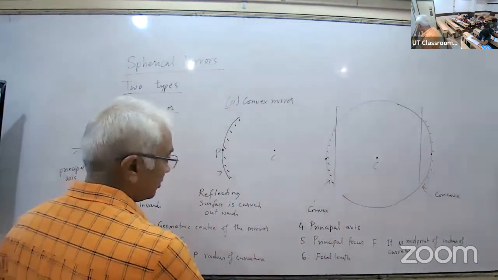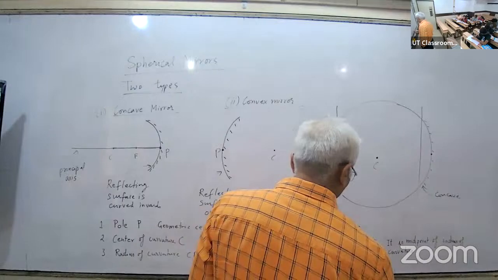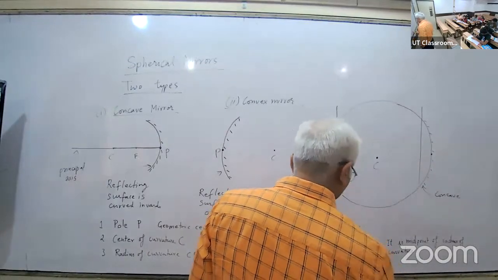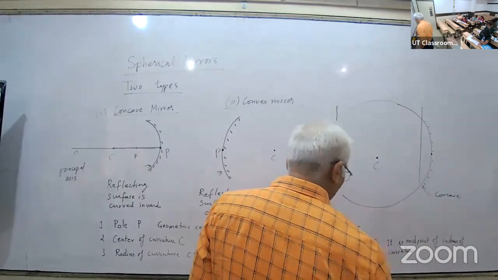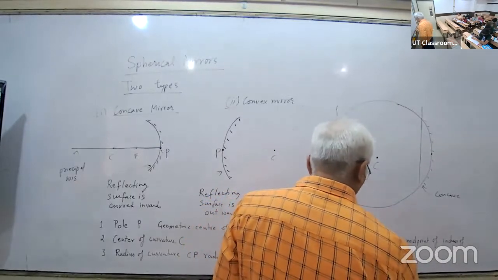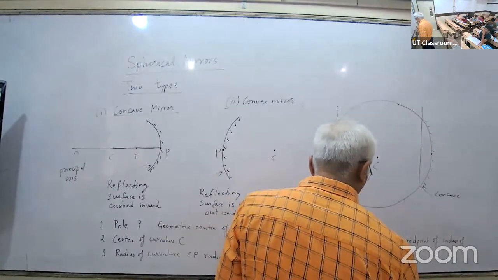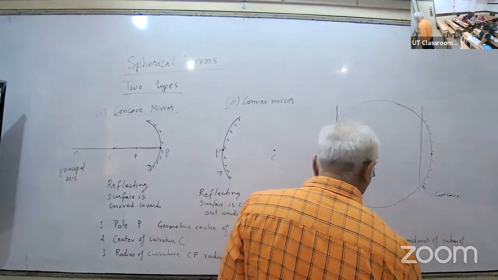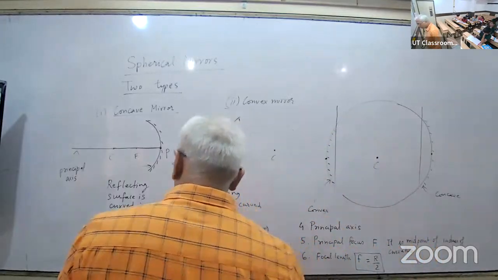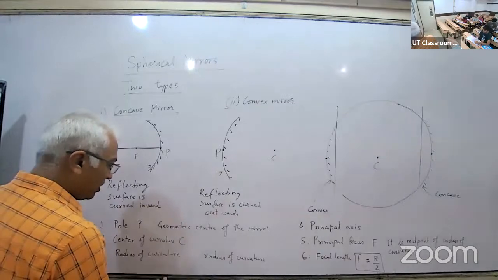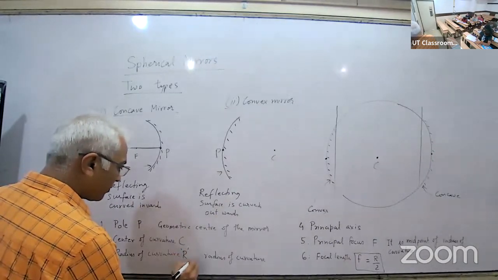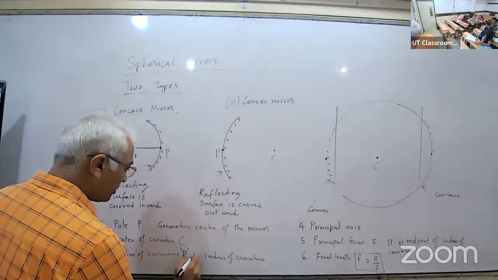Focal length is PF. Its symbol is small f, and it is equal to length PF. It is given by R by 2, half of radius of curvature. The symbol for radius of curvature is R, and CP is the length of it.